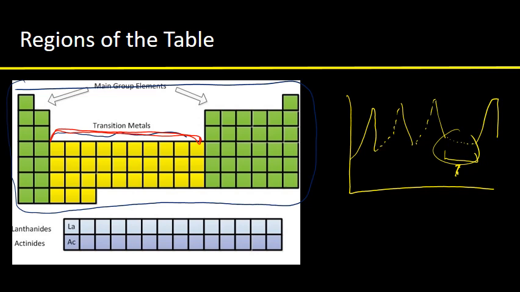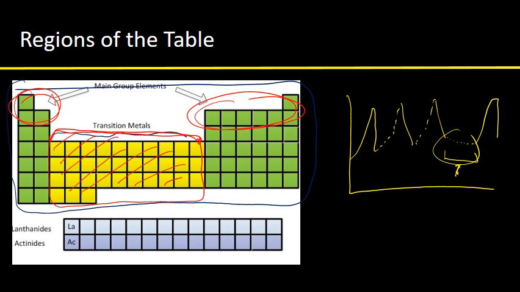So you see really good periodic behavior if you look at the elements on the left and the right, and you get kind of a, I don't know if a dead zone is really the right word, but you get a period in the middle where you've got a bunch of elements where the properties don't change nearly as much as they do on the left and the right. Okay.